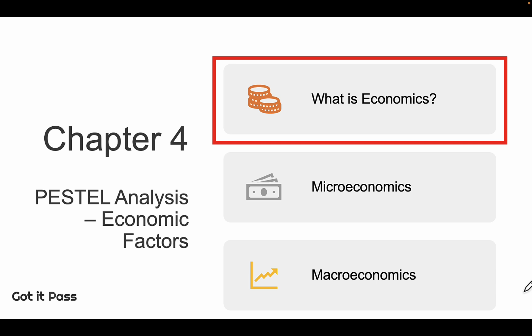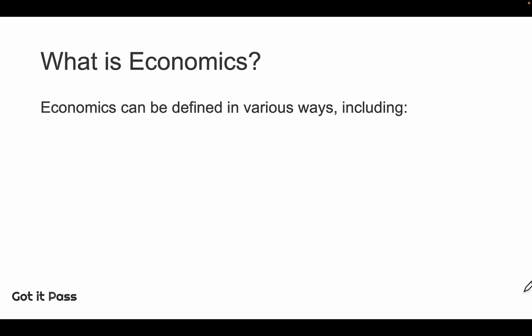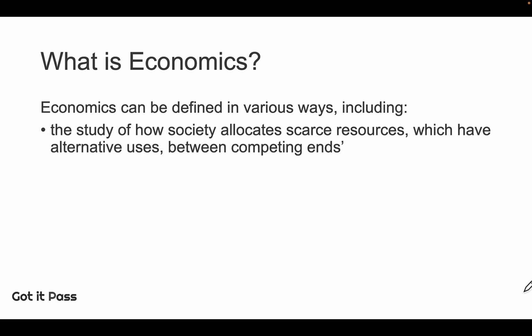Let's begin with the topic of what economics is. The official definitions of economics can be given in various ways, including the study of how society allocates scarce resources which have alternative uses between competing ends.